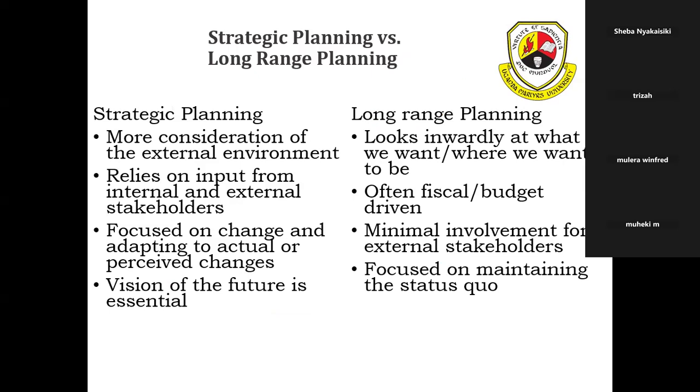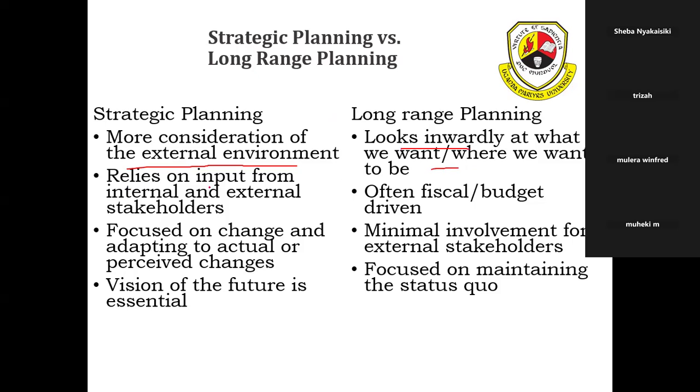There's a difference between strategic planning and long-range planning. With strategic planning, you consider the external environment. You consider what is happening in the sector in which you operate and also in the context of the country, or countries if it's an international company. Whereas long-range planning is inward-looking at what we want and where we want to be.